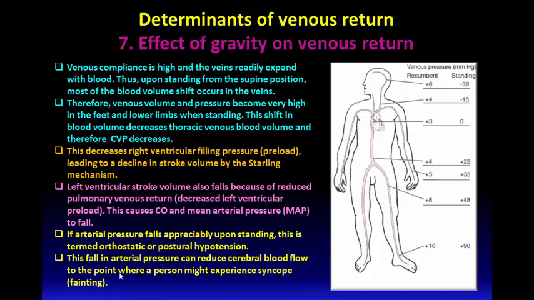However, in normal subjects, when someone assumes a standing position from the supine position, the arterial baroreceptor reflex is activated and minimizes the effect of gravity on the mean arterial blood pressure, and this was explained in detail in the previous lectures.